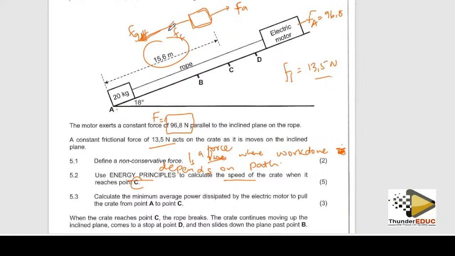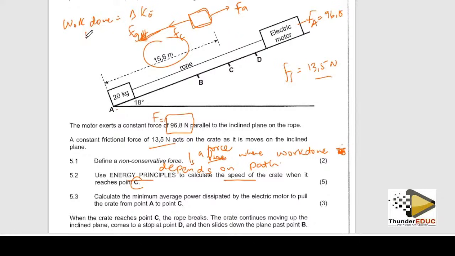And then there's also the FG parallel that will be acting along the incline as well. So since we say the work done depends on the path, I can try to look for the work done by each individual force. And that work done, remember, is equal to the change in the kinetic energy.